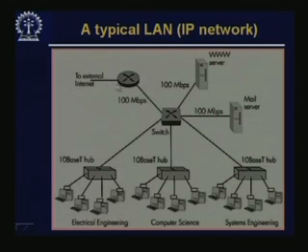So, we have to go through what is known as a router to the external internet. We will talk about this part when we discuss the network layer in more detail. This is a typical picture of a LAN.